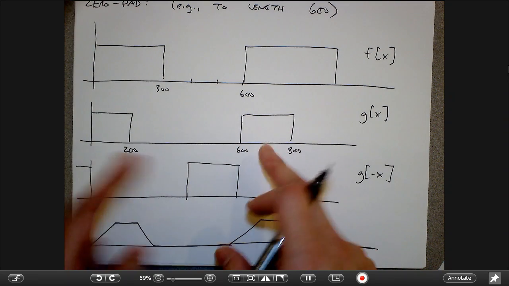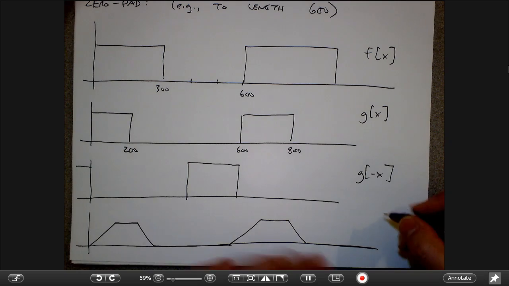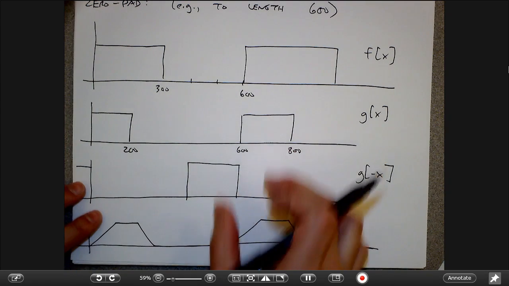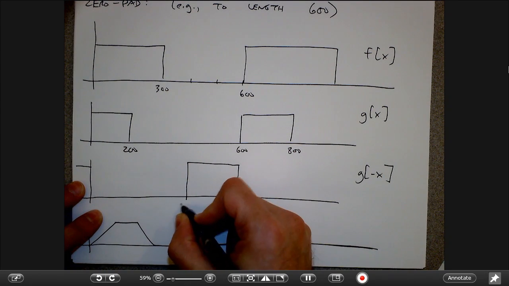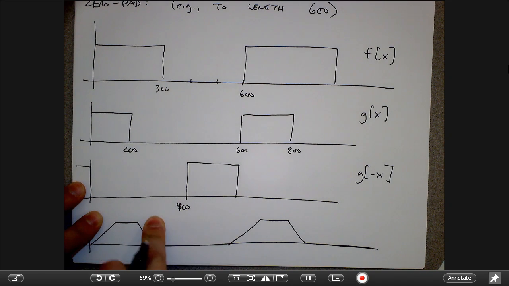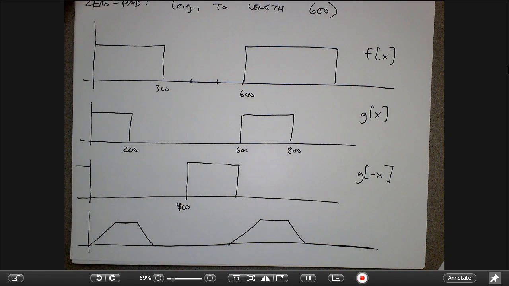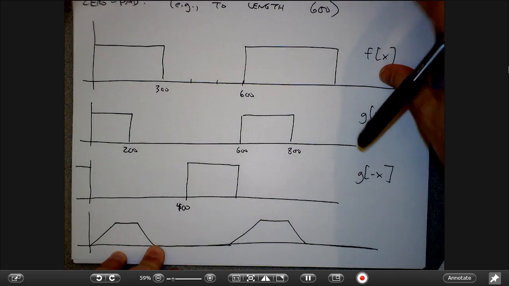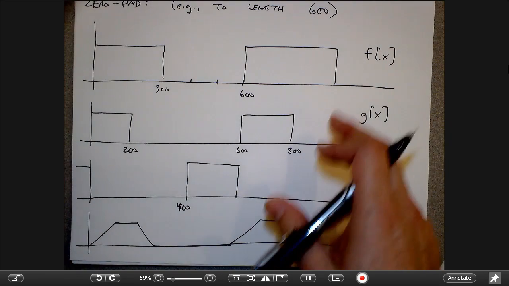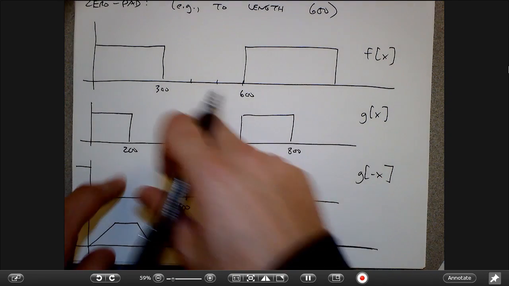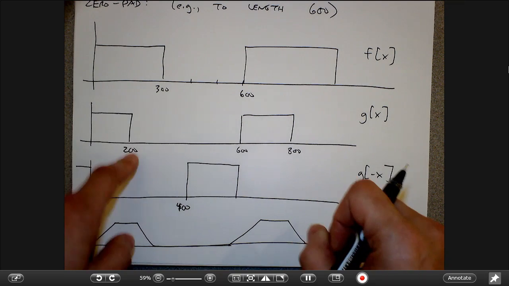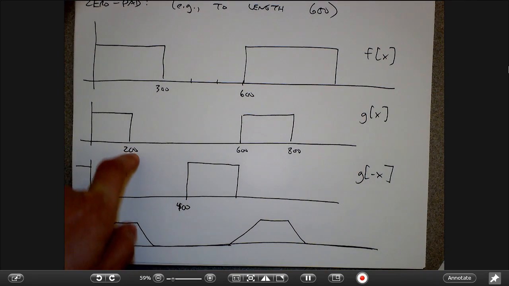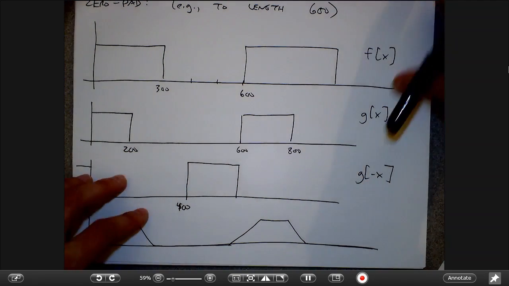Here you can see that I could get down to basically, how far could I go? Basically what I would need would be that this edge here could go down to like 301 before I'd be worried about there being some sort of overlap. So really I could have gotten away with zero padding this to 300 plus 200, like basically 500 or 499, something like that, right?